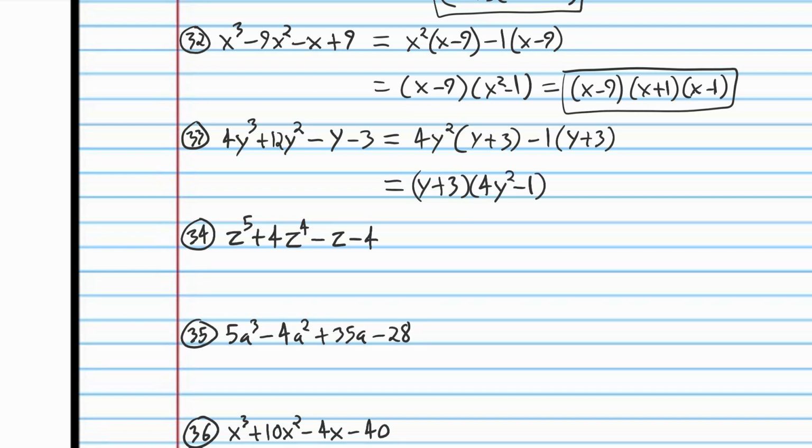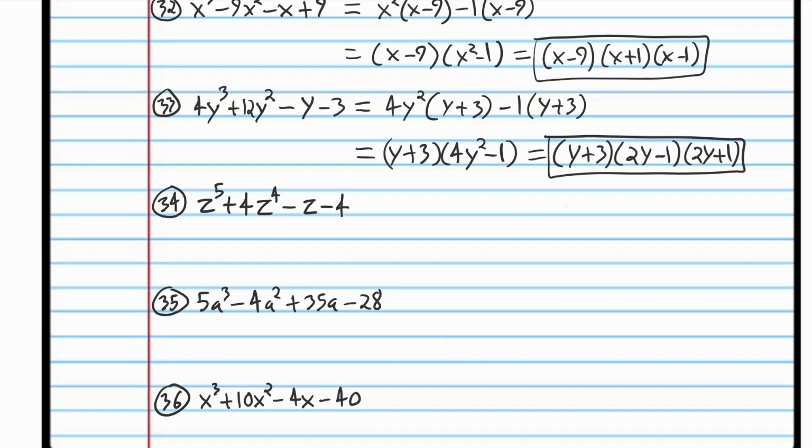And I see actually this is a perfect square, so we can continue with that. That becomes 2y minus 1 times 2y plus 1. And that would be the final answer. So why don't you try 34, and when you come back, we'll do it together.